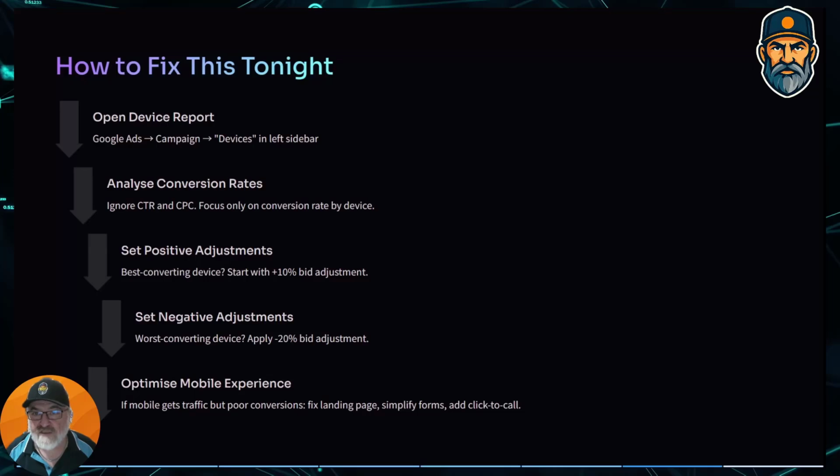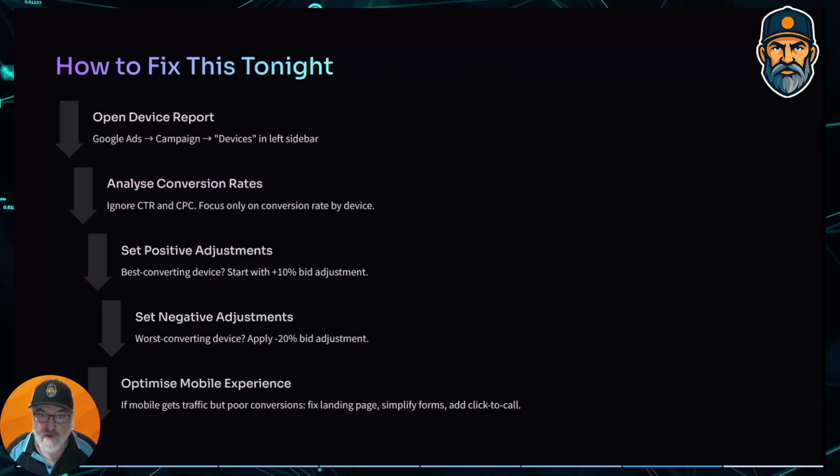Set a positive adjustment to that device, say 10%. Step 4, identify which converts worse. If mobile, for example, has half the conversion rate of desktop, maybe set a 20% lower bid adjustment, for example. Now you'll pay less for the low quality clicks.